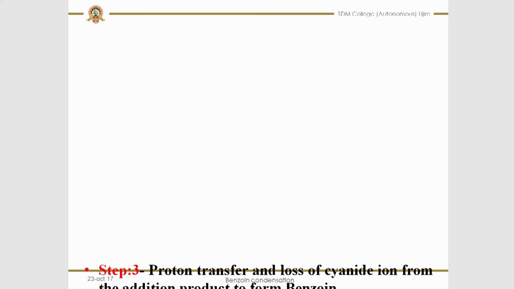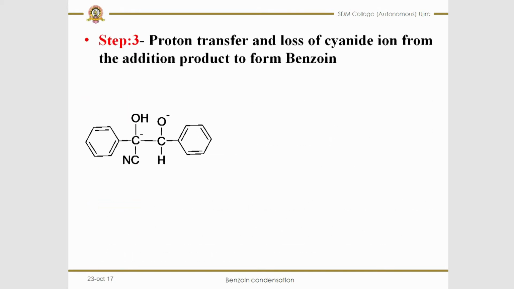Now we will see the third step. In the second step, addition takes place, addition of one aldehyde with another aldehyde. You have the negative charge on the oxygen. Proton transfer: here there is a proton.